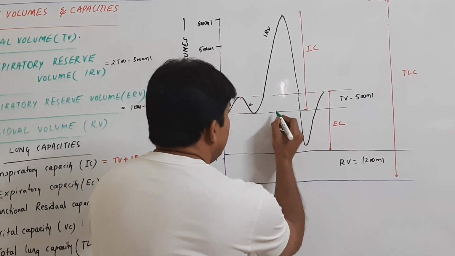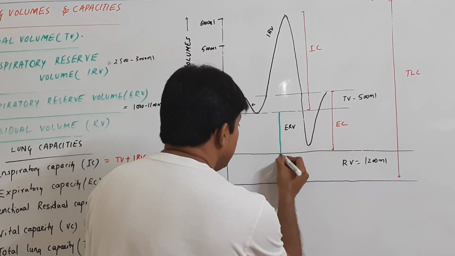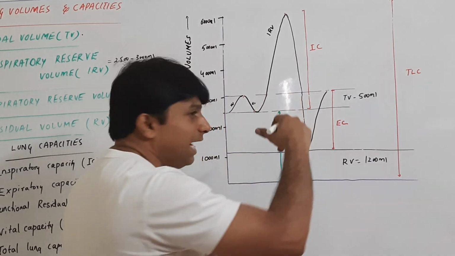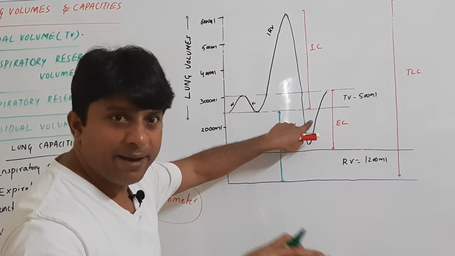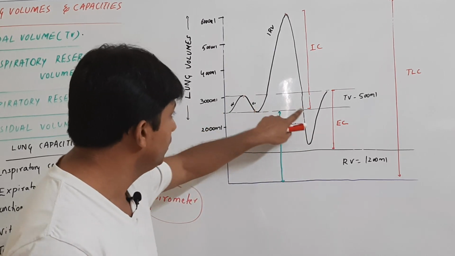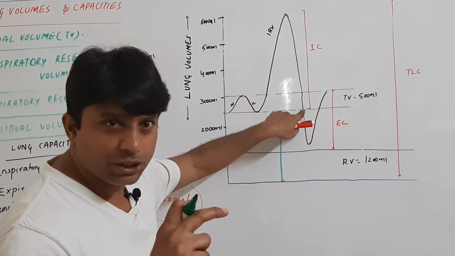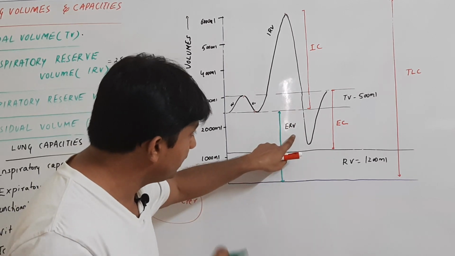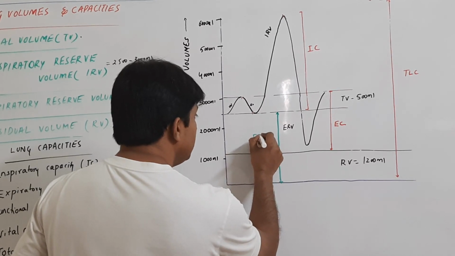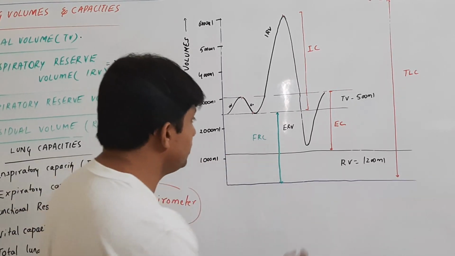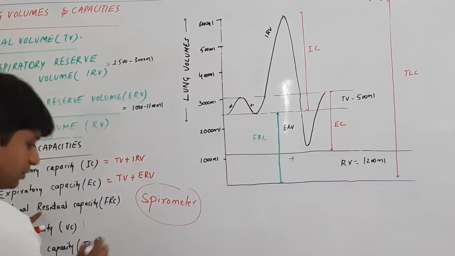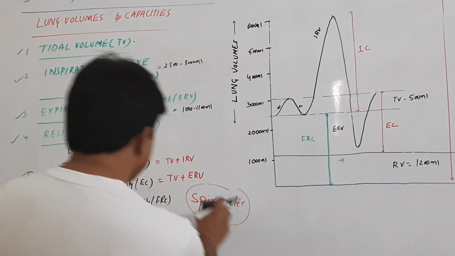So after normal expiration, the expiratory reserve volume will remain in the lungs as well as the residual volume. After normal expiration, the volume of the air that remains in the lungs is called your functional residual capacity, which is equal to ERV plus residual volume.